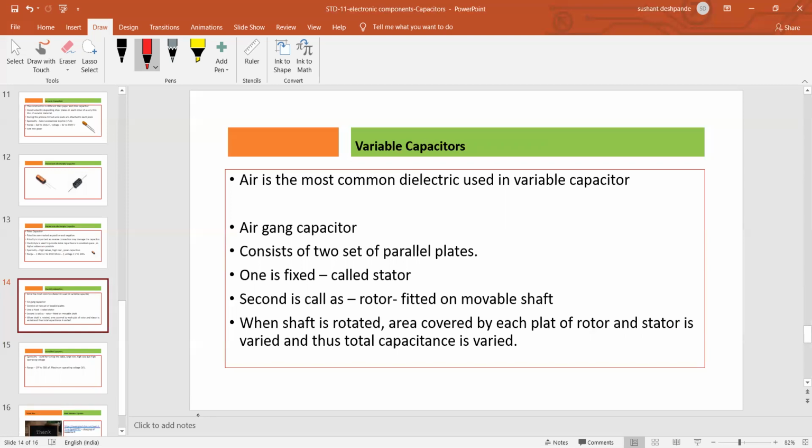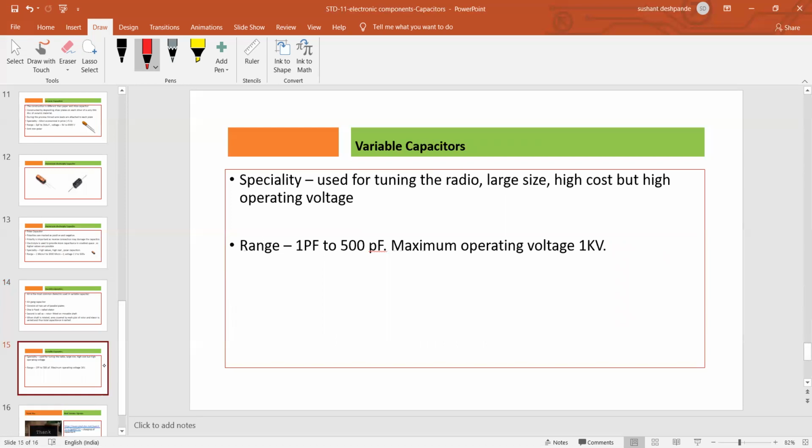When the shaft is rotated, the area covered by each plate of rotor and stator is varied and thus the total capacitance is varied. Now when you see the specialty, it is used for tuning the radio, large size, high cost, but high operating voltage. The range is 1 picofarad to 500 picofarad and the maximum operating voltage is 1 kilovolt.